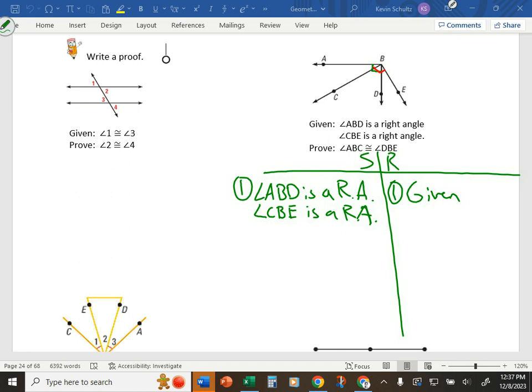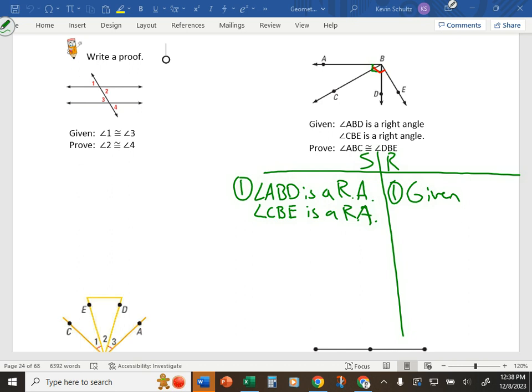However, since we don't have any other 90 degree or degrees symbols in the figure, I don't know if I'd go that route. I think I see where you're headed with complementary angles, perhaps. But we can avoid using the degree measures by just sticking with the definitions. You're not wrong, but your method might be a couple extra steps. And since I only have that much space, I'm going to stick with the definition. Okay?